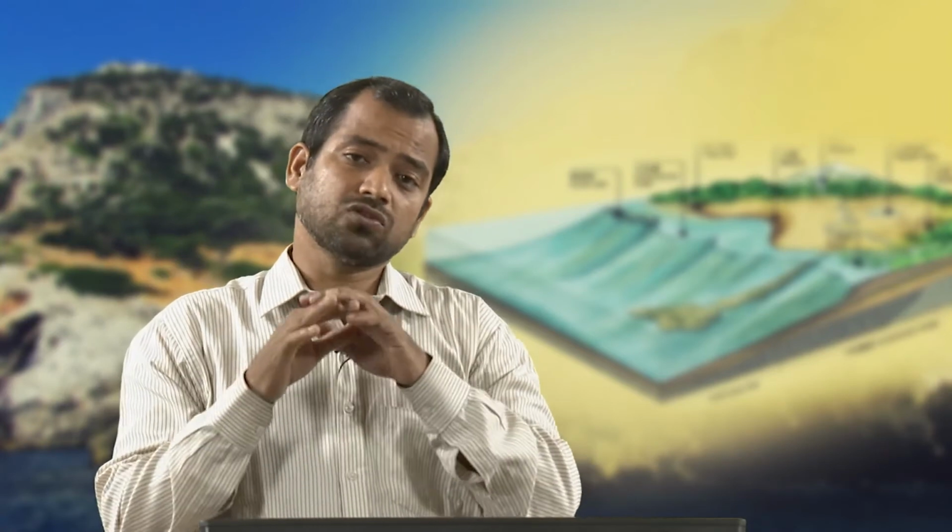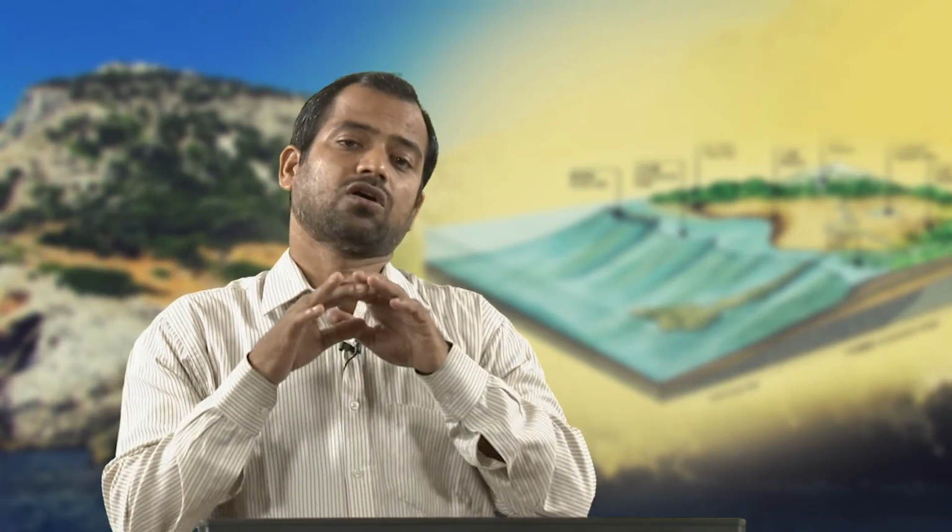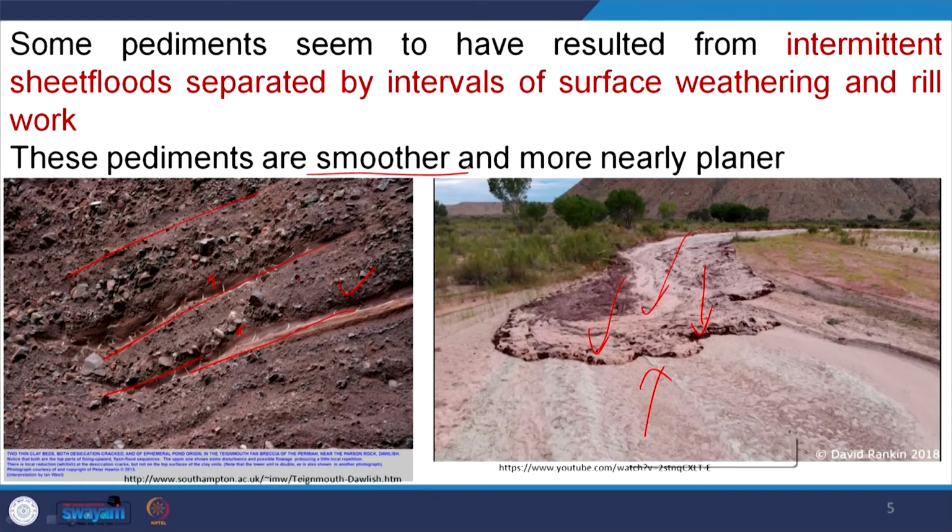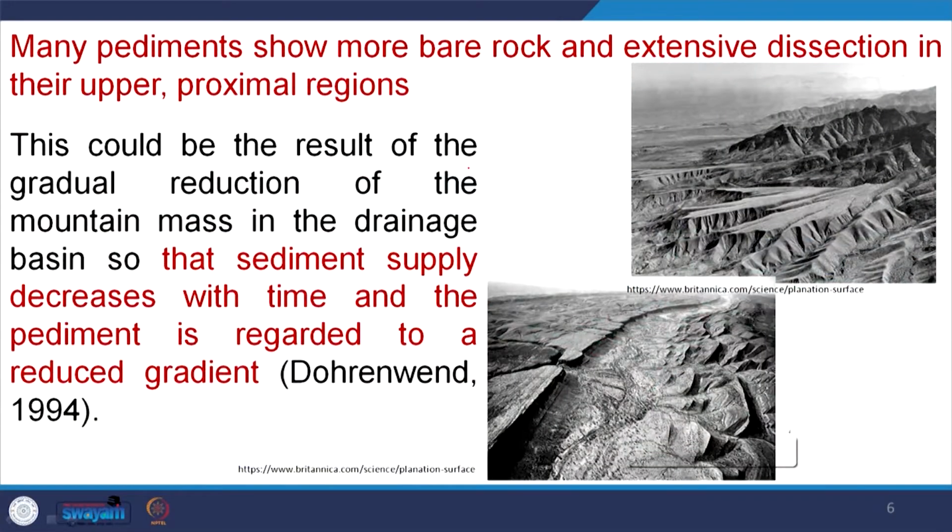But those sediments or gravel surfaces formed by this sheet flood deposit, that means it is spreading, so these represent a smooth surface as compared to the pediments formed by other processes. Many pediments show more bare rock and excessive dissection in their upper and proximal region. That is very interesting to know here.